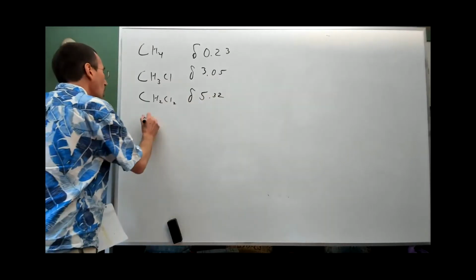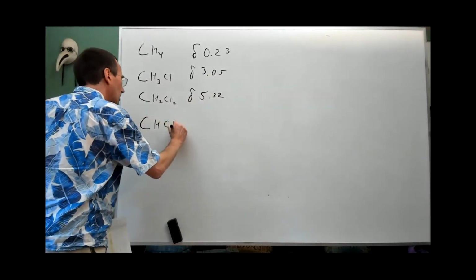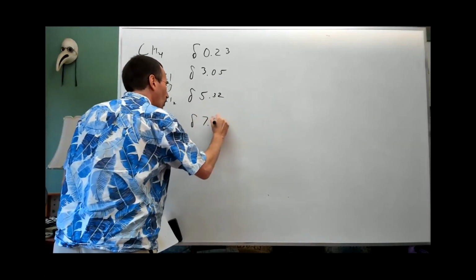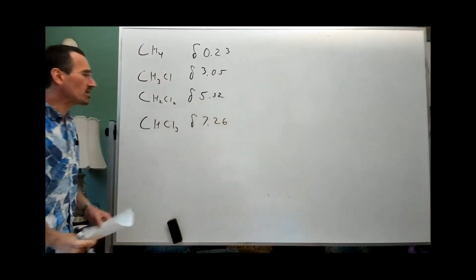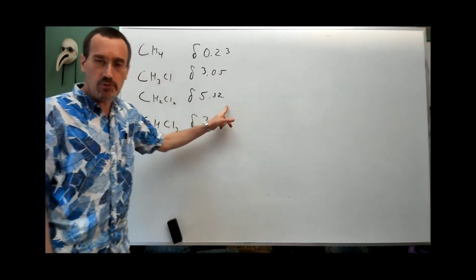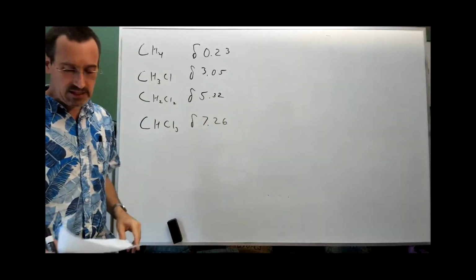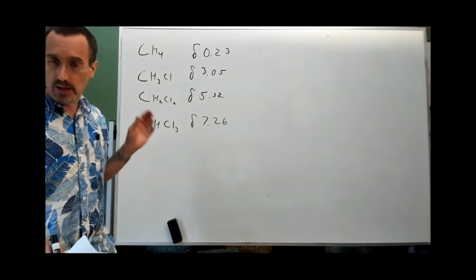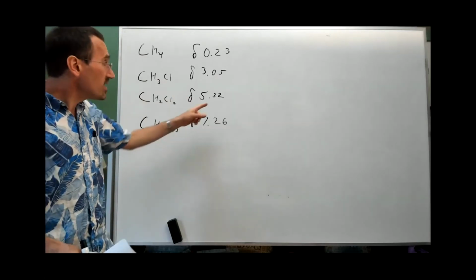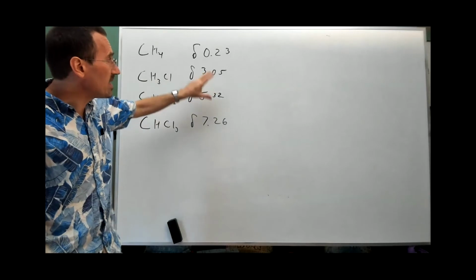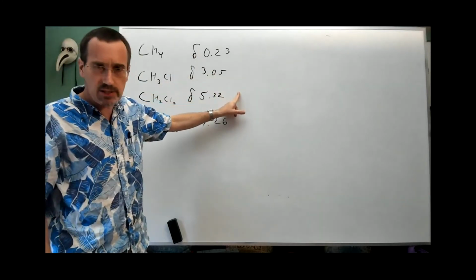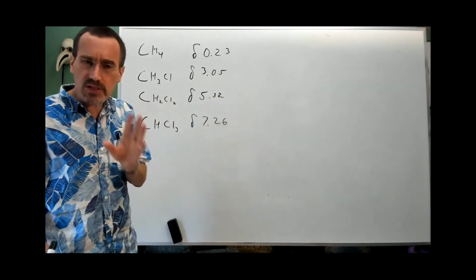If we go to chloroform, you probably already know that chloroform appears at 7.26. So we've moved another just about 2 ppm downfield as you've started to pull more and more electron density away. This is incredibly useful because you can start to see that to a first order approximation, the effects are almost additive.